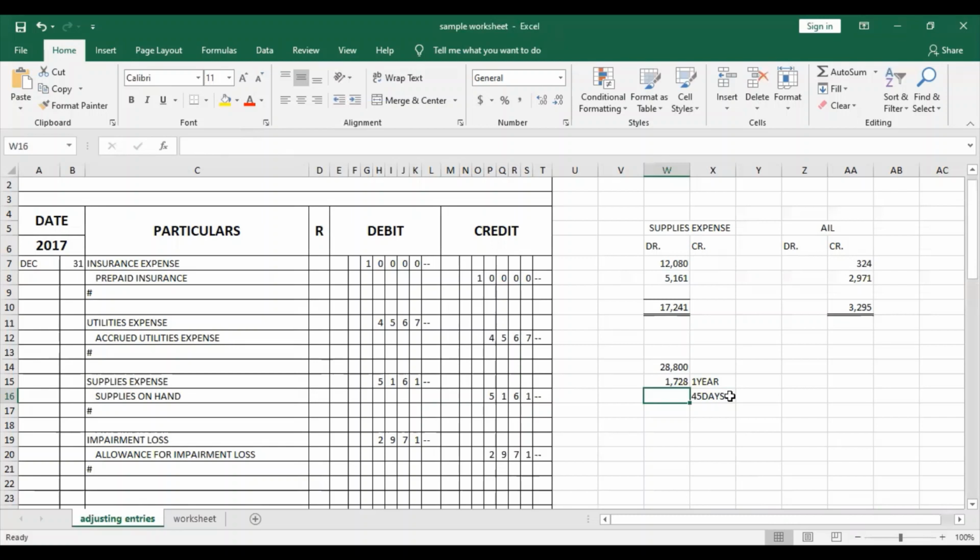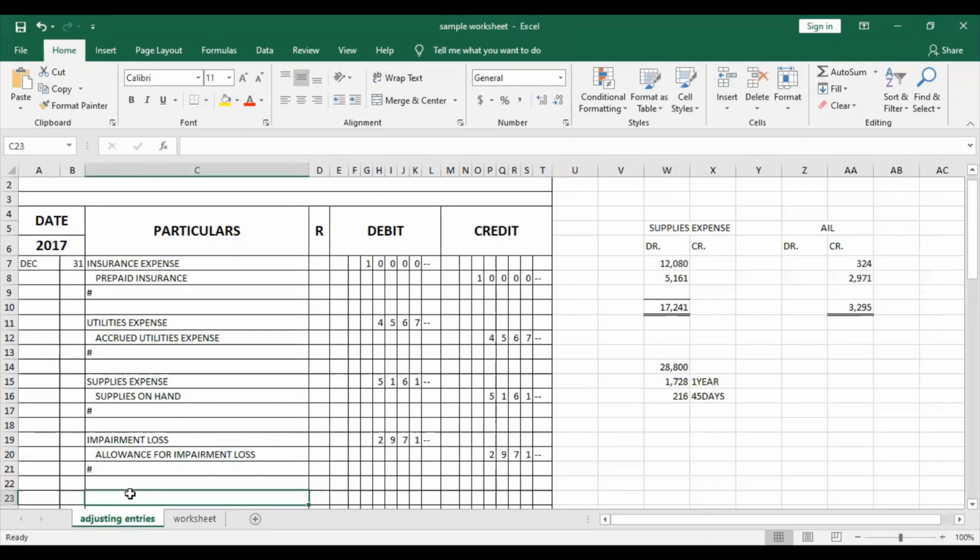So, yung formula mo dyan ay 1,728, which is the interest for 1 year, times 45 days, which is the number of days that the expense is already incurred, divided by 360 days, which is the number of days we have in 1 year, assuming we have 30 days per month. So the answer is 216. The amount of expense that is already incurred for that 60-day, 6% notes payable is 216.